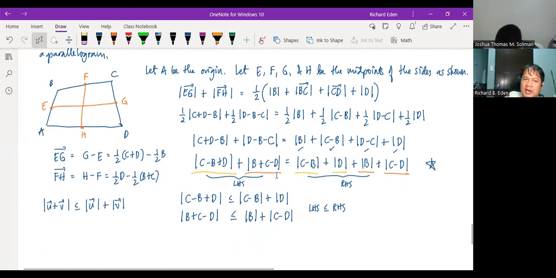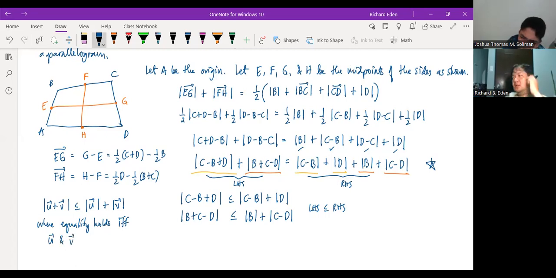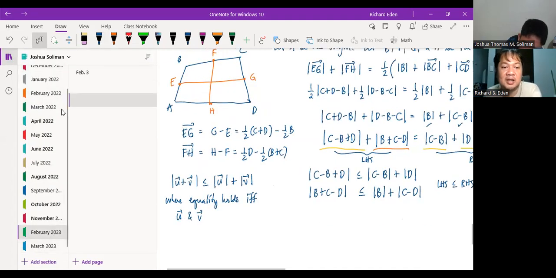So now we go back: in the triangle inequality, when does equality hold? Equality holds if and only if u and v are orthogonal. Orthogonal, let's look at our discussion of the triangle inequality to review.